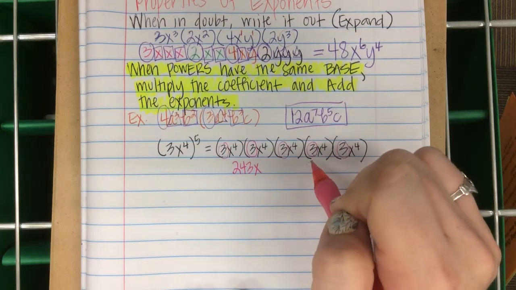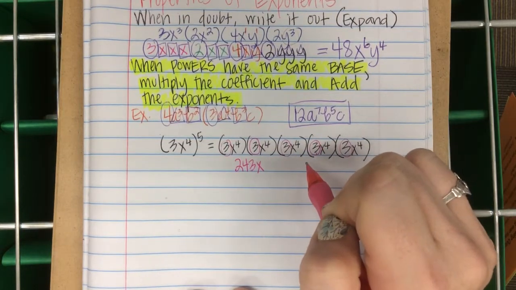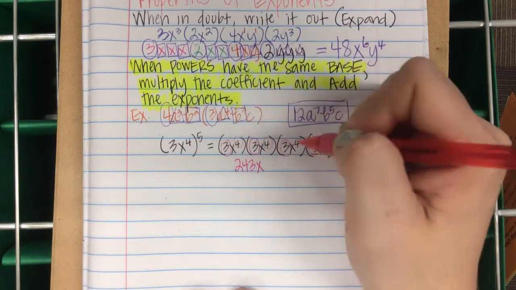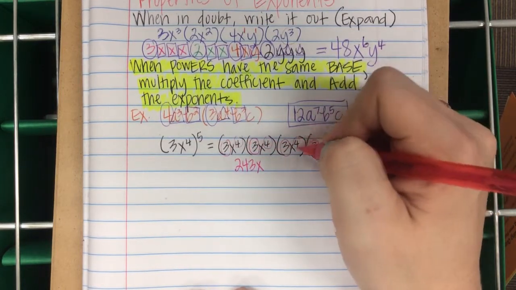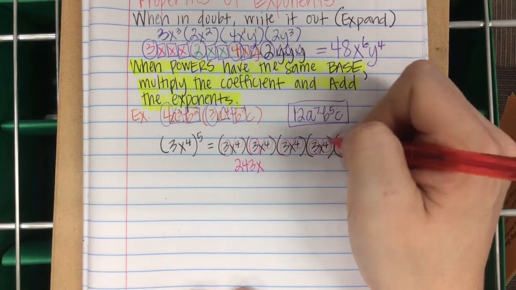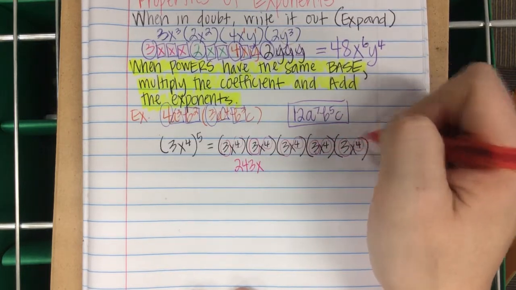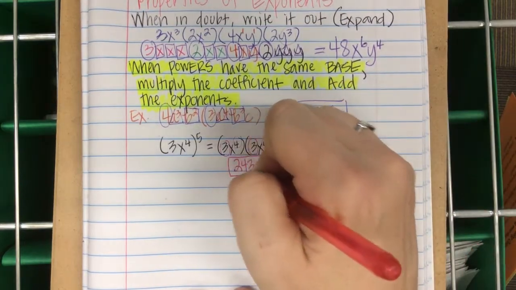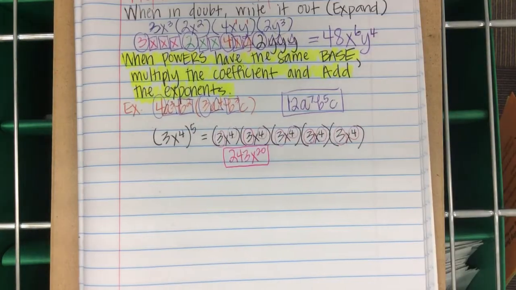I was over here at less than 100. And then 4 plus 4 plus 4 plus 4 plus 4. So 243 x to the 20th.